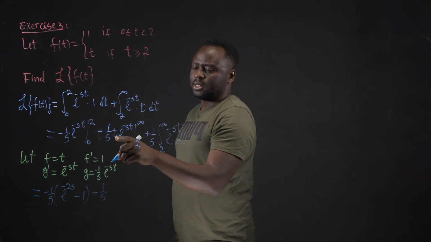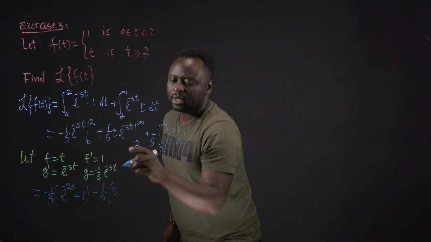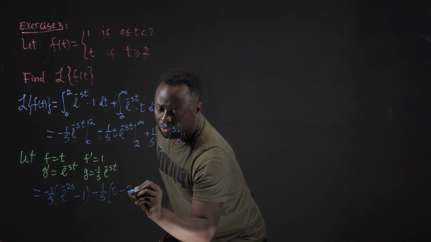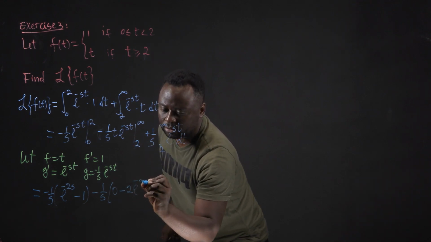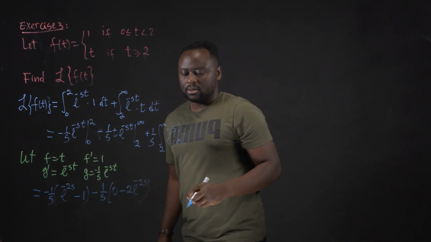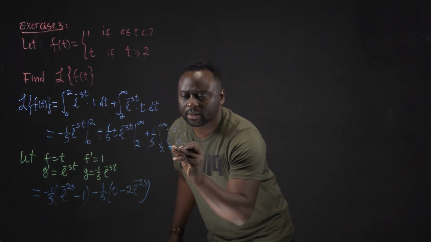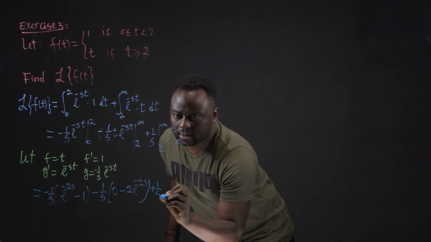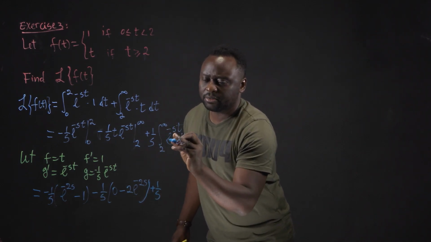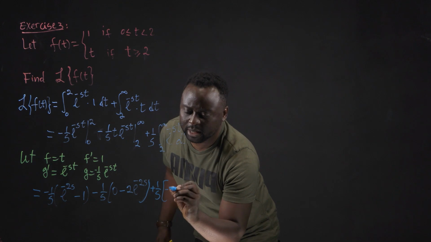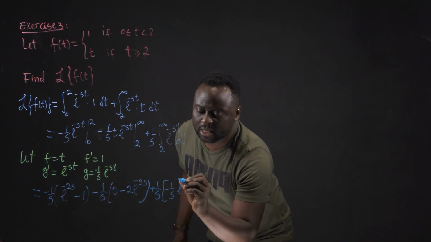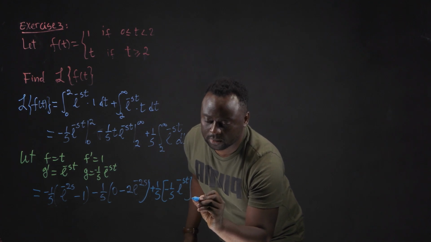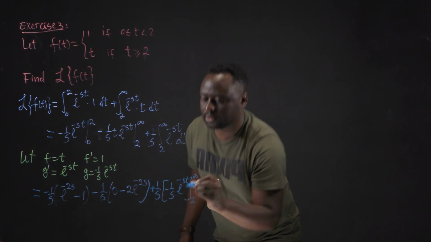So at infinity, this is 0. And at 2, this is minus 2 times e to the power minus 2s. For the last part, it is 1 over s. The antiderivative of e to the power minus st is minus 1 over s times e to the power minus st. The integral goes from 2 to infinity.